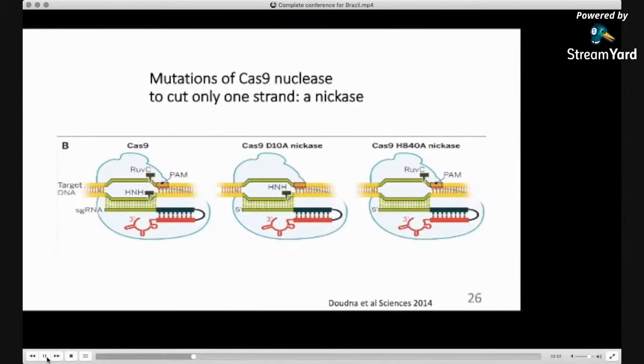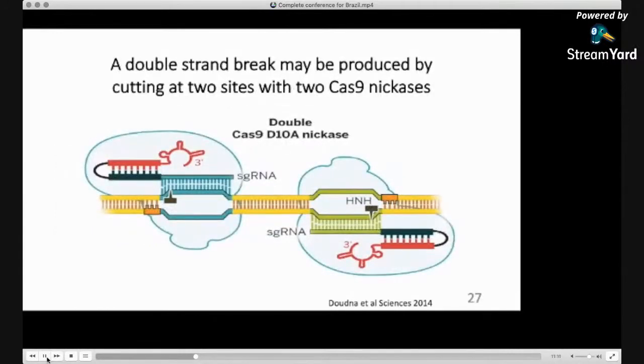There is a variation of Cas9 where the nickase cuts only the lower strand of DNA, and another mutation of Cas9 which permits cutting only the upper strand of DNA. It is thus possible to induce a more precise double-strand break in the DNA by using the Cas9 nickase and 2 single guide RNAs, each detecting a sequence of 20 nucleotides close to one another.